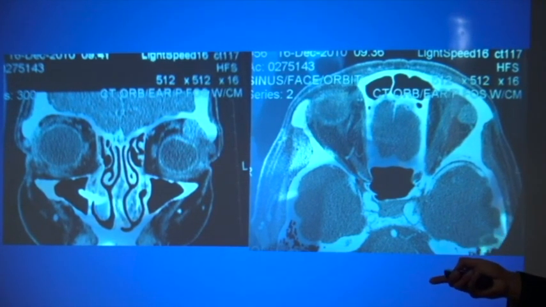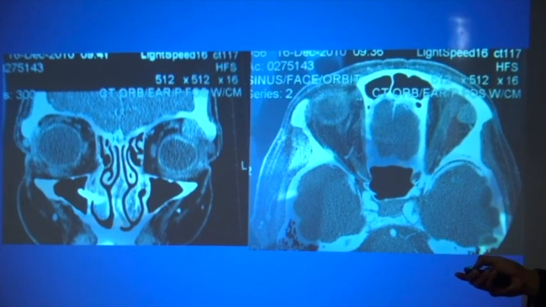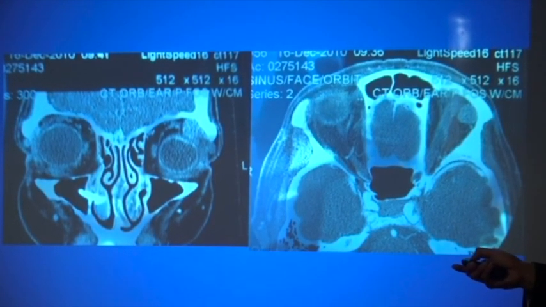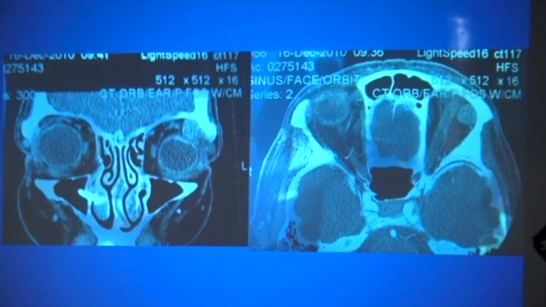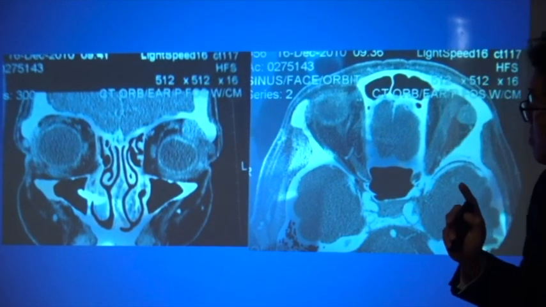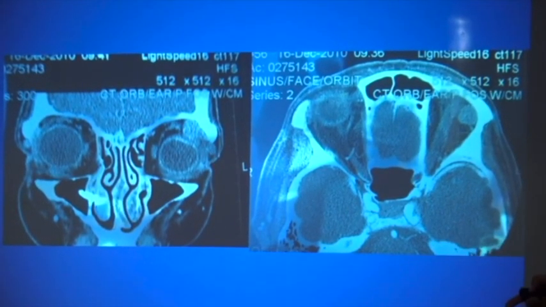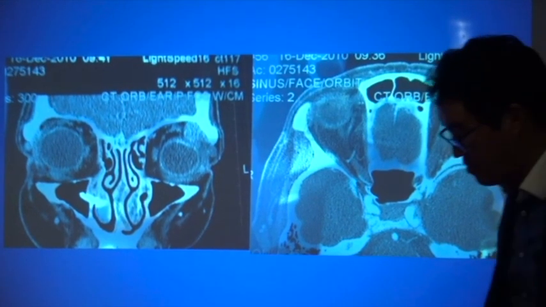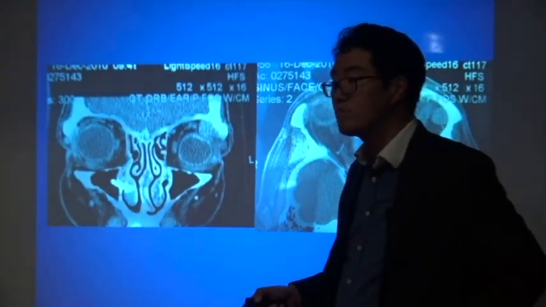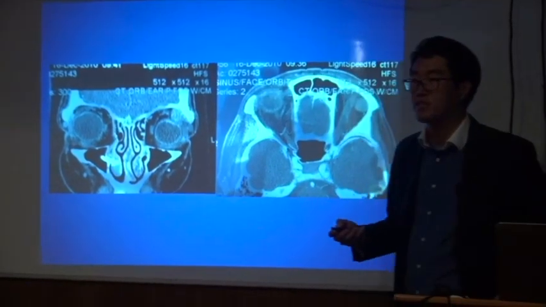Any other thoughts? There's I think a lateral and inferior inflammatory component as well, right? Yes, excellent. So what is your leading diagnosis here? Pleomorphic. So how are you going to approach this?